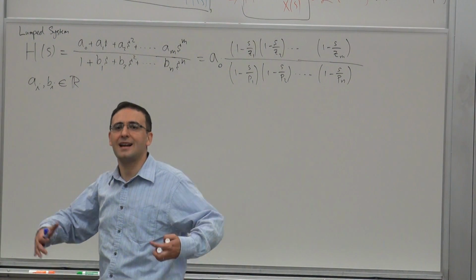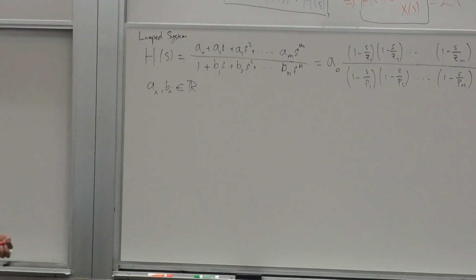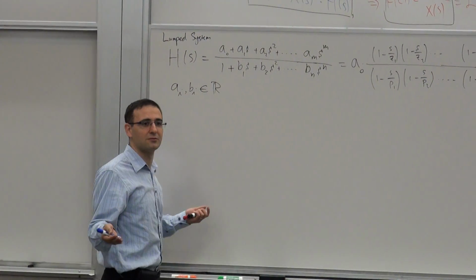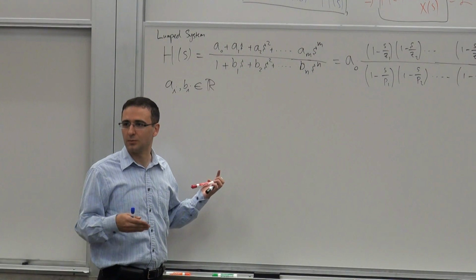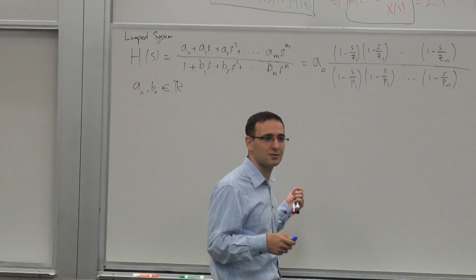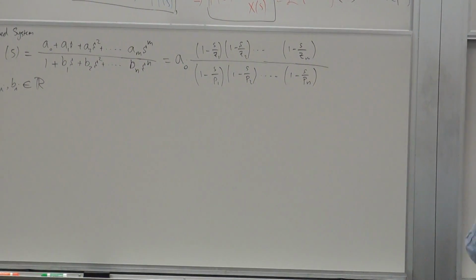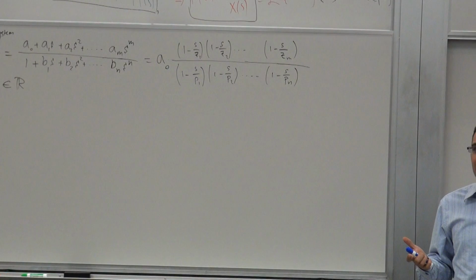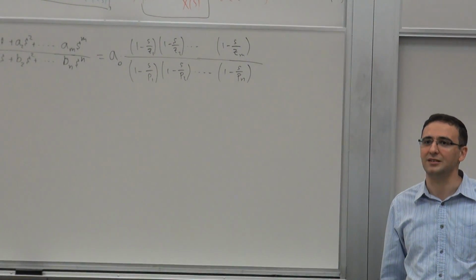And since practical real amplifiers don't have infinite gain at infinite frequency, we know that we practically cannot have more zeros than poles. Can we have the same number of zeros and poles? For a practical amplifier, it's unlikely, right? Because it means that we'll have non-zero gain at infinity.